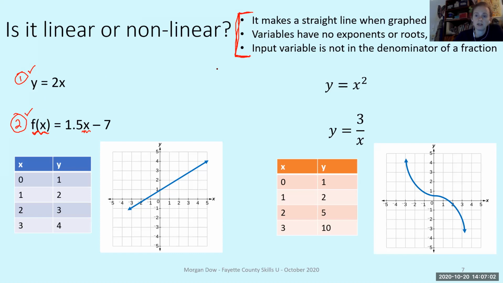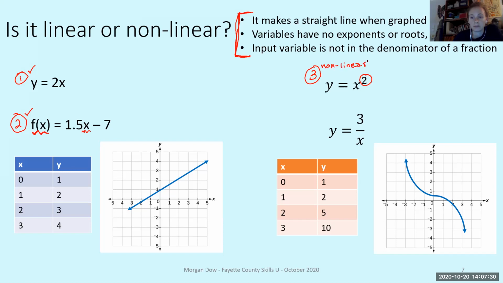Now let's go over to the other side of the screen. Let's look at this next equation, y equals x squared. This is an example of a non-linear function. We know that it's nonlinear because the x has an exponent. It's not just x, it's x squared.